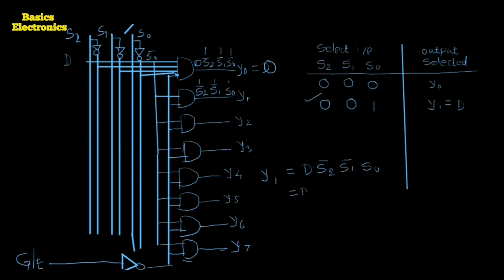S2 bar equals 1, S1 bar equals 1, and S0 equals 1. So we get here the output Y equals D. It means here when we apply the select code 001, we get the output Y1. It means the data is passed towards the output Y1.